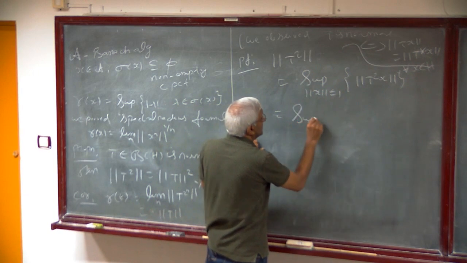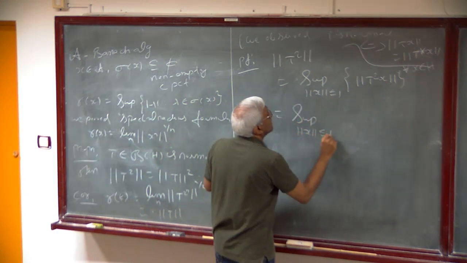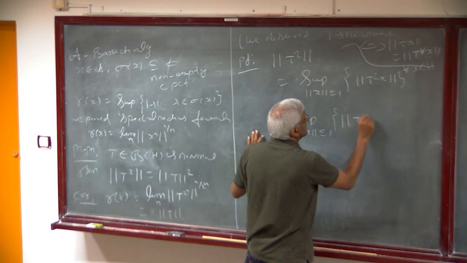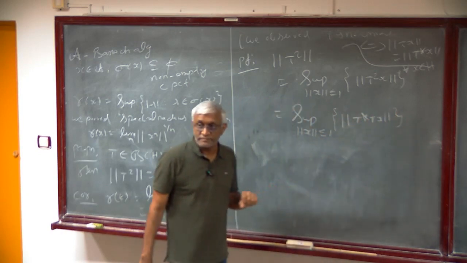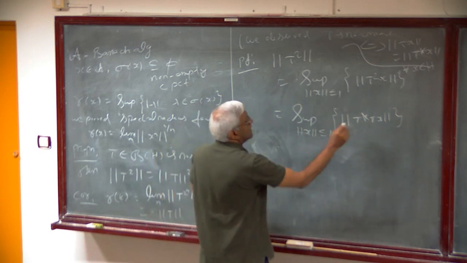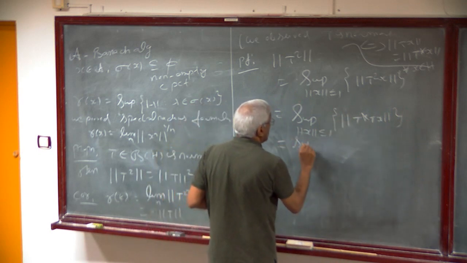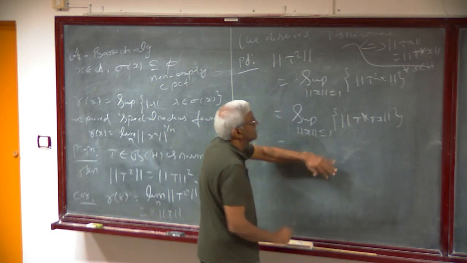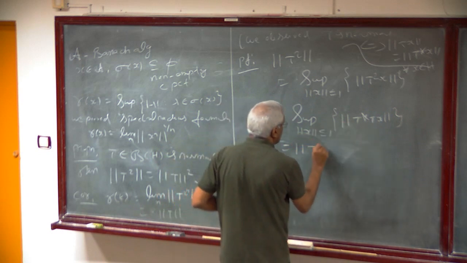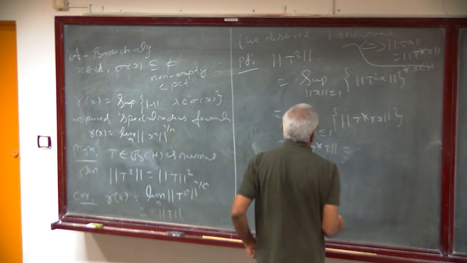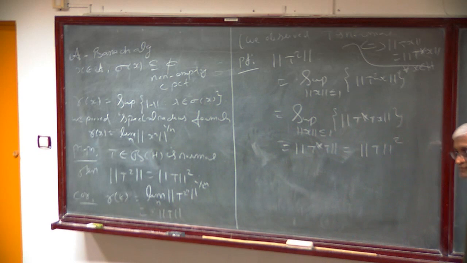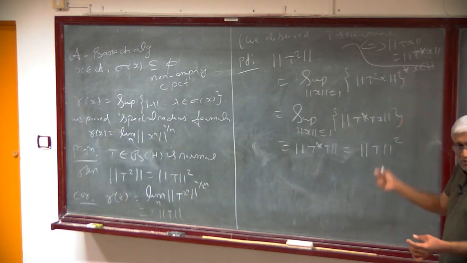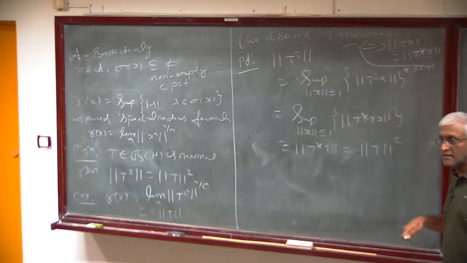Since T is normal, this is less than or equal to the supremum over norm x less than or equal to 1 of norm of T star T x. And this is equal to norm T star T, which is equal to norm T squared. So norm of T squared equals norm T squared.